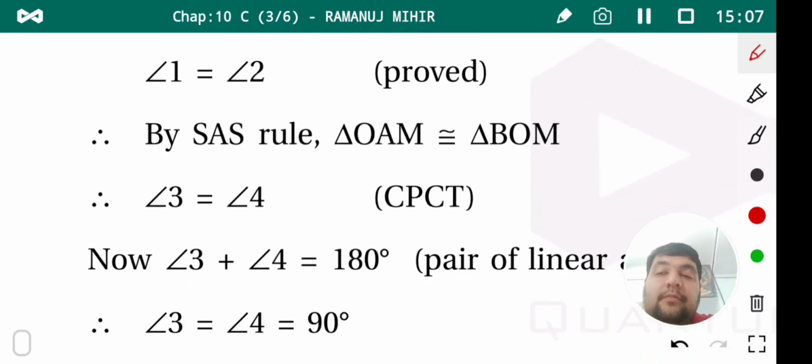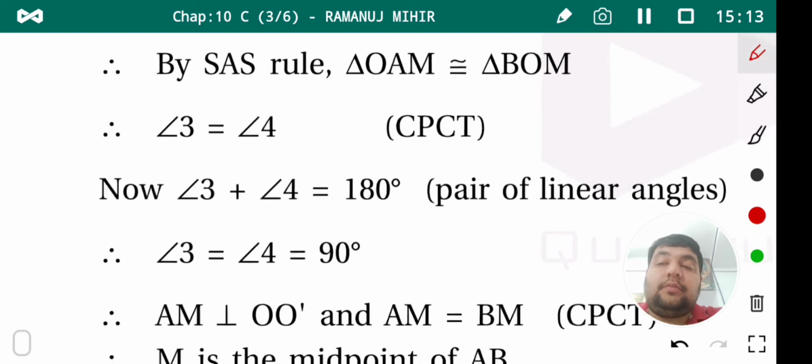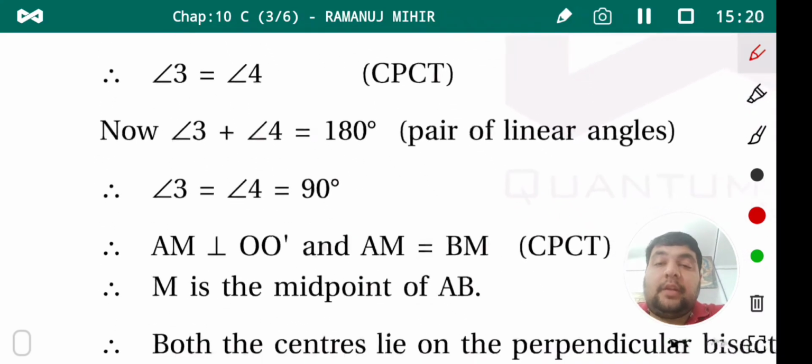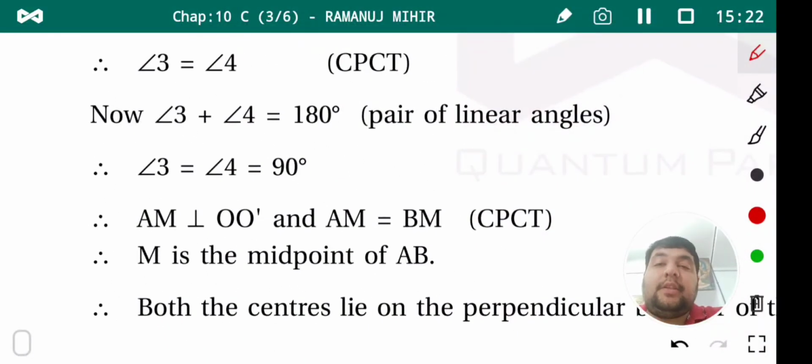Now angle 3 plus angle 4 is equal to 180 degrees, but they are equal. So the value of angles 3 and 4 is 90 degrees, and it means that AM is perpendicular to OO dash, and AM is equal to BM by CPCT.